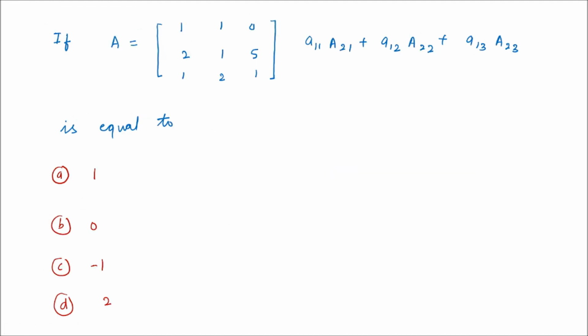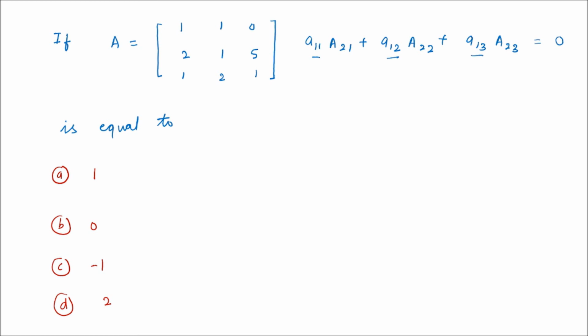Now here we have to find the value of this: A11, A12, A13. These are the elements of the first row and they are multiplied by the cofactors of the second row. So this will always be equal to 0. What is the value of a determinant?